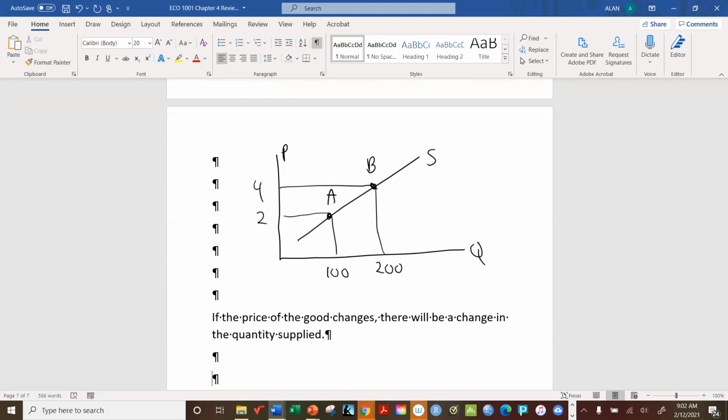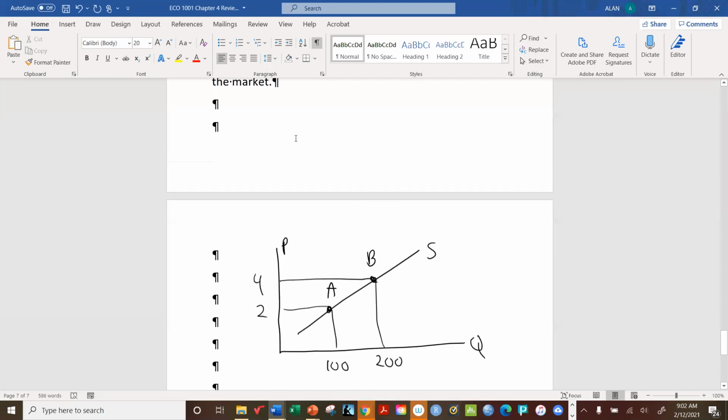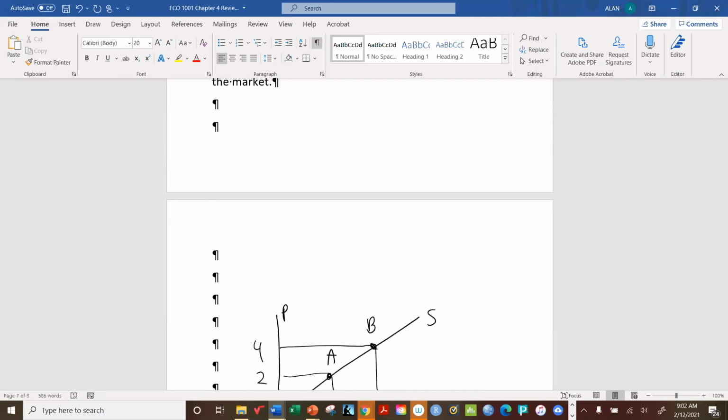Okay, so this is exactly what we saw with the demand curve, except now it's supply. We have to be very careful with this. Let me label this. This represents a change in quantities supplied.